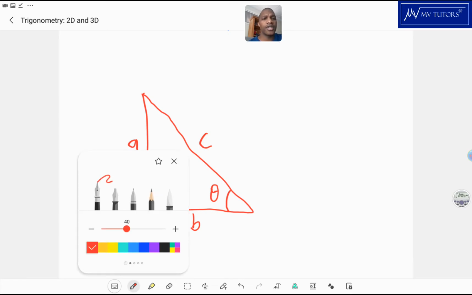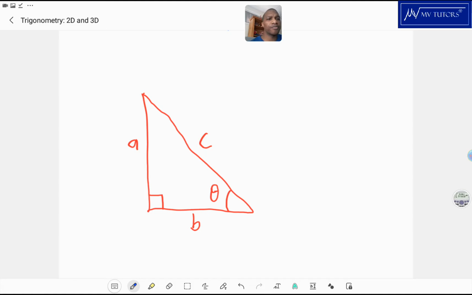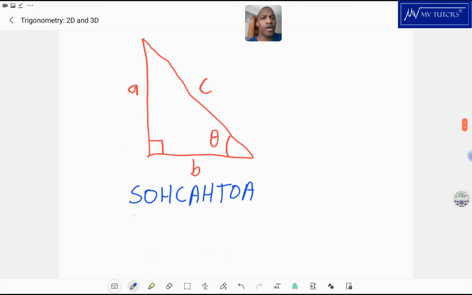Now, we know that by definition, if you know this, SOH CAH TOA. So what is SOHCAHTOA? That sine is opposite over hypotenuse, and cos is adjacent over hypotenuse, and tan is equal to opposite over adjacent.